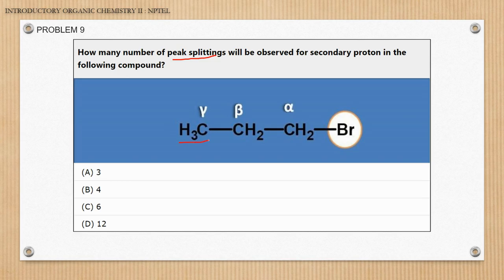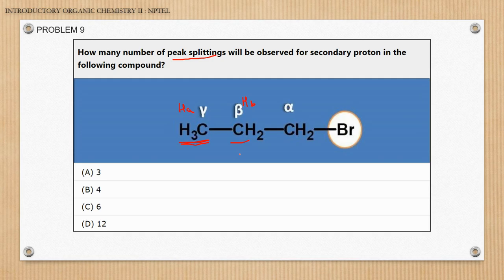I am coming first of all to this gamma proton. So guys, tell me how many split peaks will this methyl show because of this CH2? Three, right? So if this is the HA proton and this is the HB proton, then the HA proton is further split into 3, a triplet.